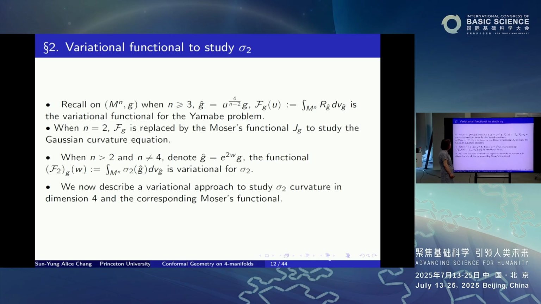Okay, so we would like to study this sigma 2 equation, but when n equals 4, the integration of this is a pointwise invariant. So under conformal change, it does not have any information. So we seek other methods to study this. Something like the Morse function. The analog is the Morse function.